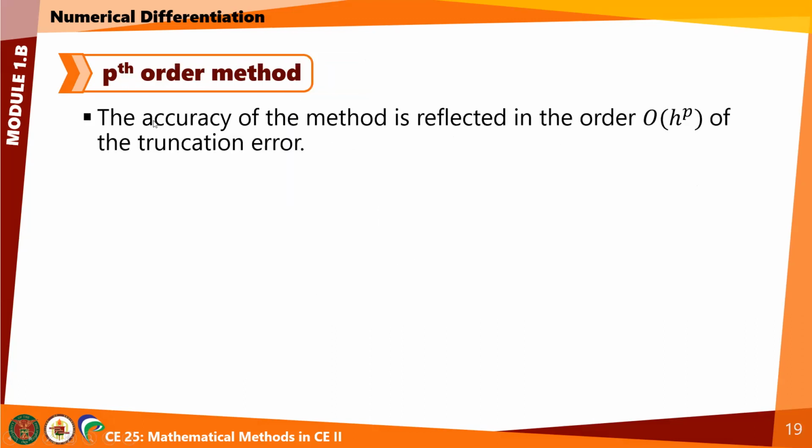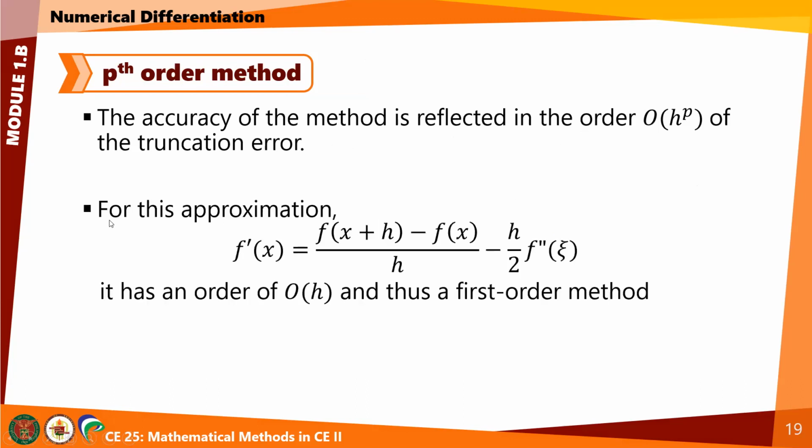Pth order method. The accuracy of the method is reflected in the order O of the truncation error. So what does that say? From this approximation from the last slides, this one is of order h. Thus it is a first order method.